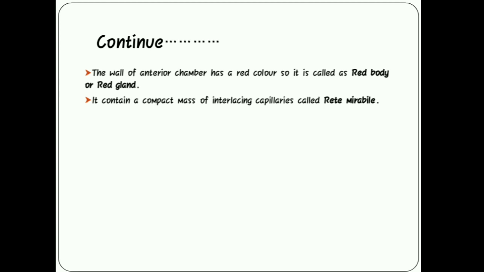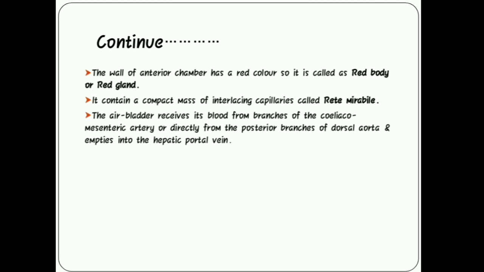Now the anterior chamber has a bulb-like structure. It is called a red body because its color is red. It contains a compact mass of interlocking capillaries called rete mirabile. These red glands have many interlocking capillaries, so it is called a rete mirabile.